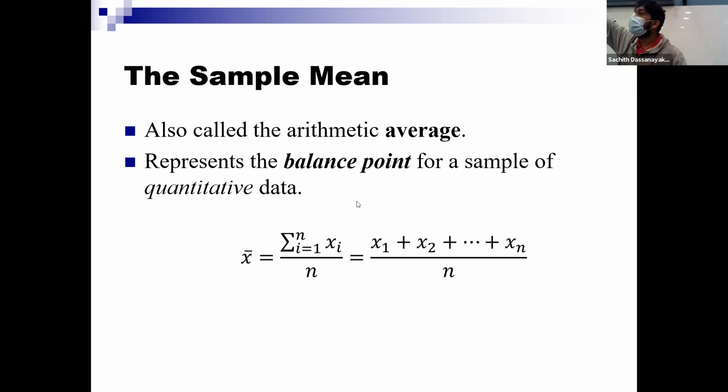We denote it by using a bar on top of the variable, x bar, which means sample mean. If there is another thing, population mean, we don't use this notation for that. It's a separate notation. So try to stick with the notation x bar.